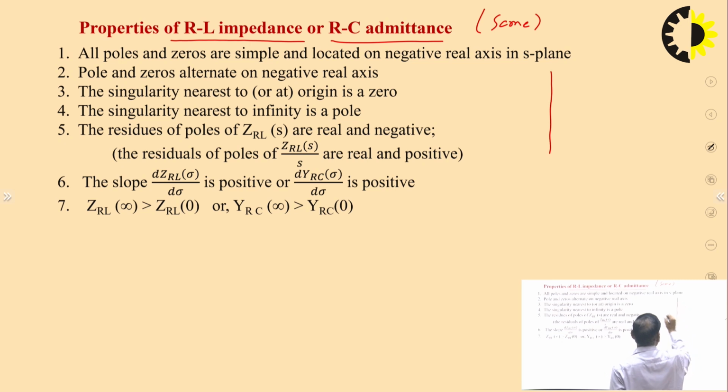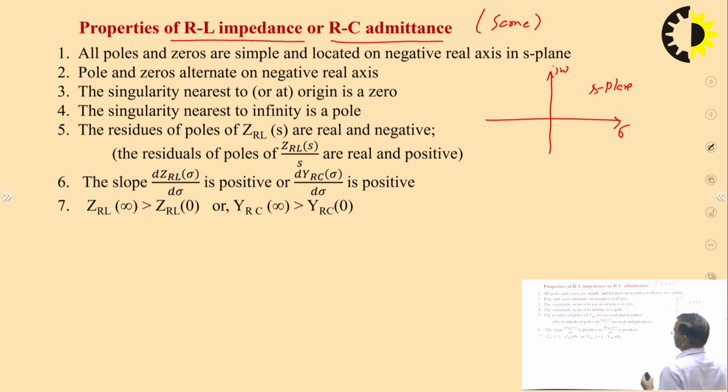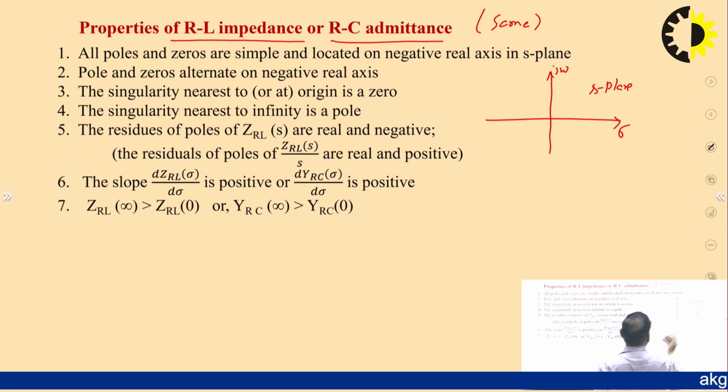So, what does it mean? It means this is your S plane, and this is your real S and this is your imaginary S, say the j omega axis. So, in this case all the poles and zeros lie on the negative real axis. So, this is minus sigma. So, all the poles lie on this line. Okay. Poles and zeros alternate on negative real axis, understood.